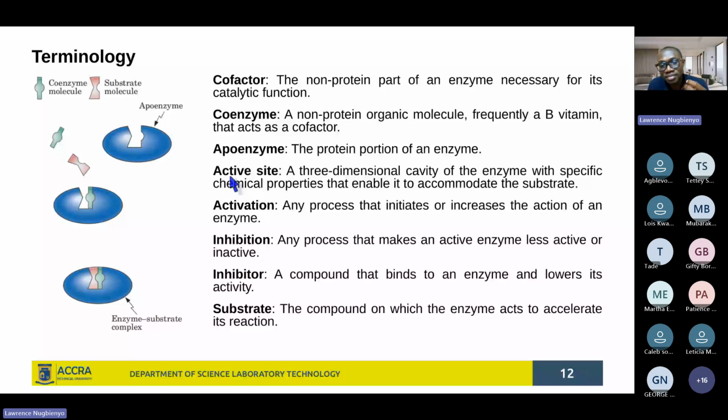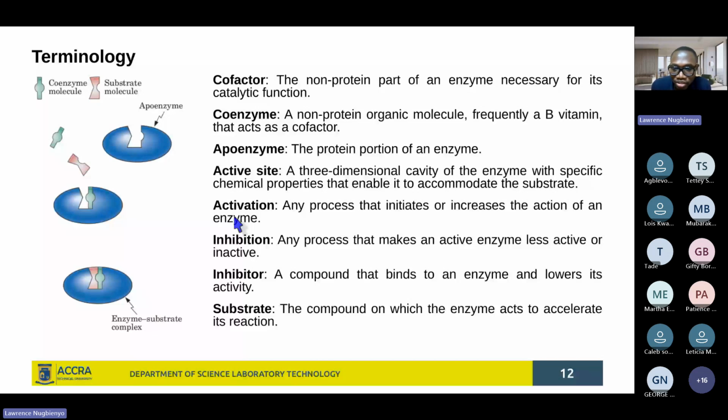Then we have processes like activation. Activation is any process that is involved in increasing the activity of an enzyme. So maybe a metal ion which attaches onto the apoprotein will activate it.